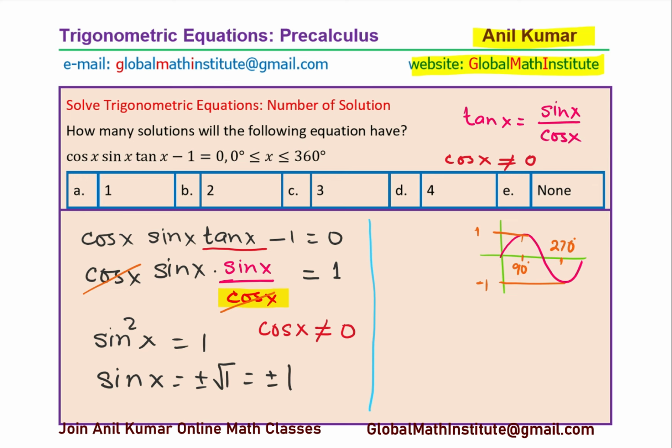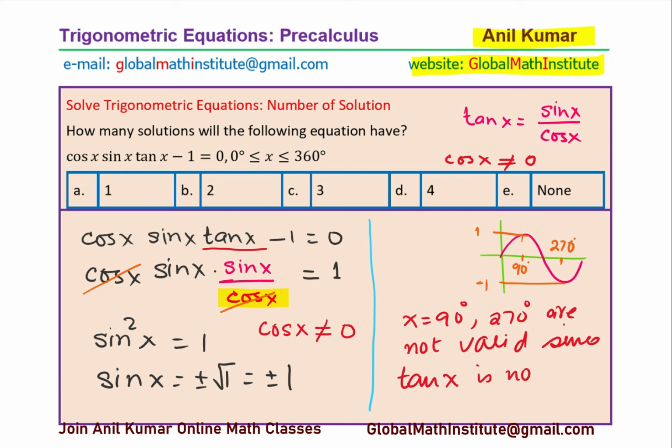That means these two solutions are not valid. So x equals 90 degrees or 270 degrees are not valid, since tan x is not defined. Does that make sense to you? That is the reason this question has been given.